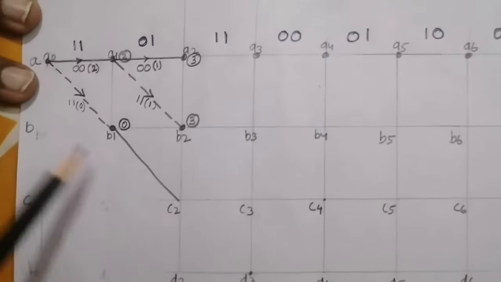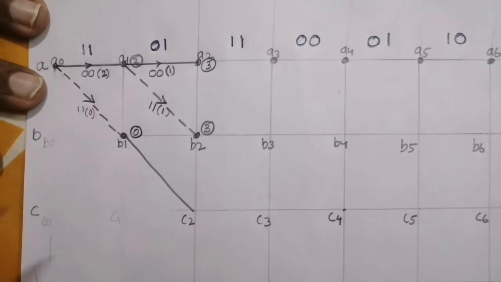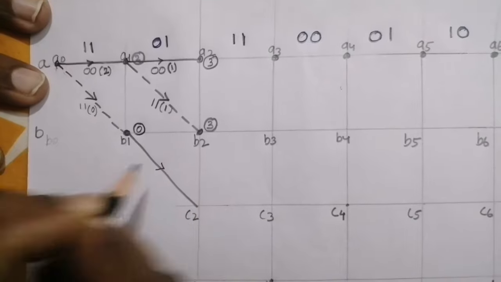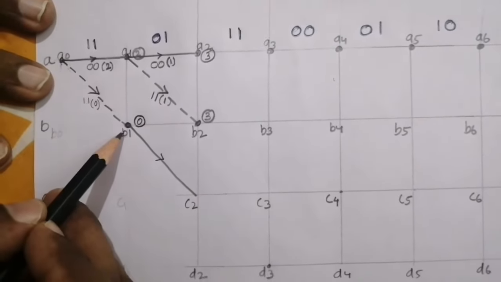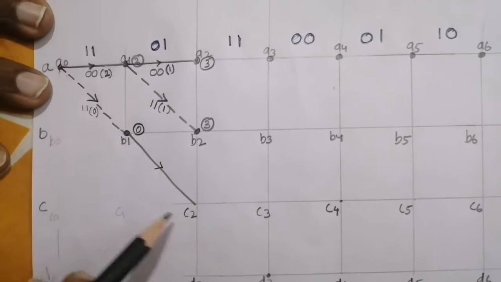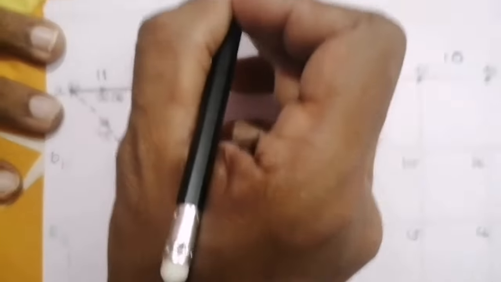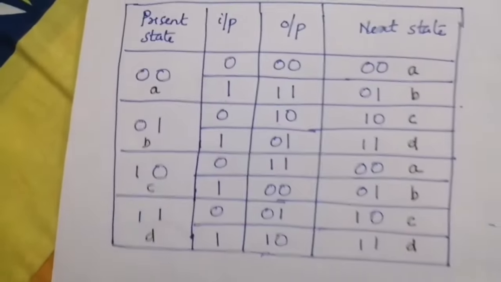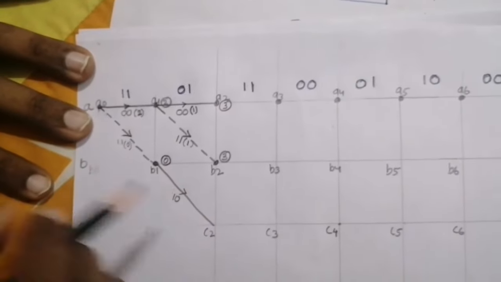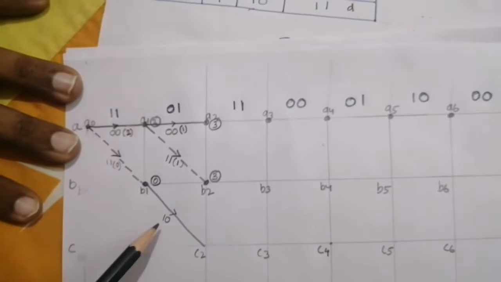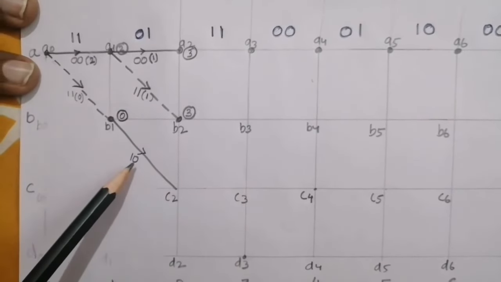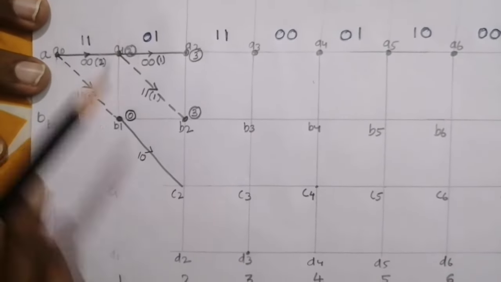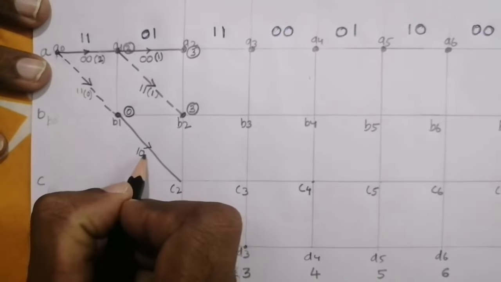That we already know from the previous class. Okay, so what will be the output when 0 comes? The state of the convolution encoder goes from B1 to C2. Now the output is 1 0. Now what will be the discrepancy between this path sequence and the received sequence? That is given by 2.